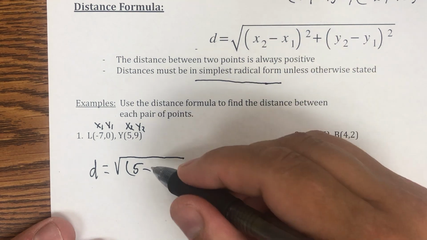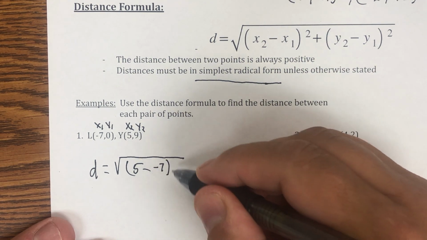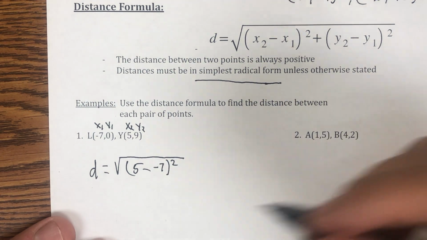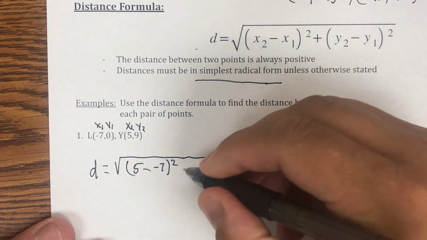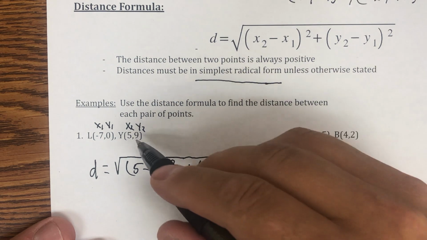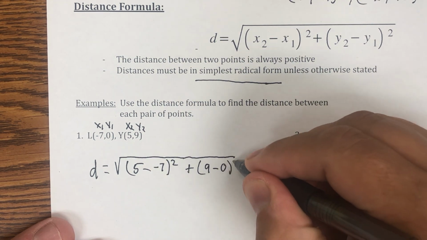Minus x1 is negative 7, so we have 5 minus negative 7 squared. Now, minus and negative is going to change to a plus. Okay, so we'll have to be careful when we simplify. In between the parentheses, a plus, parentheses, y2 is 9, minus y1 is 0 squared.